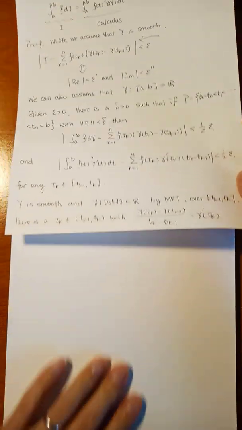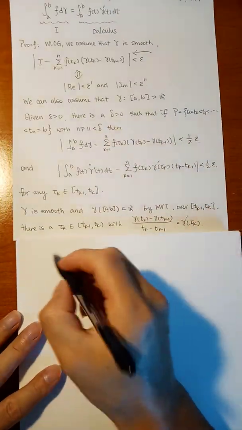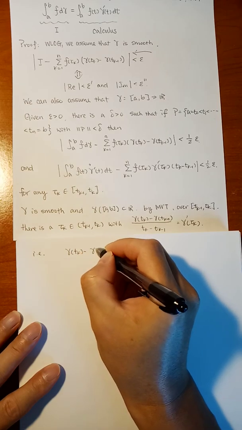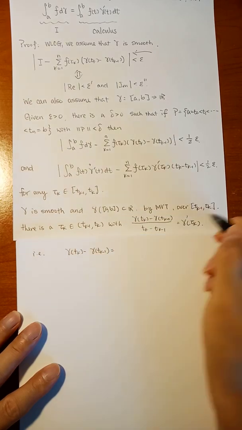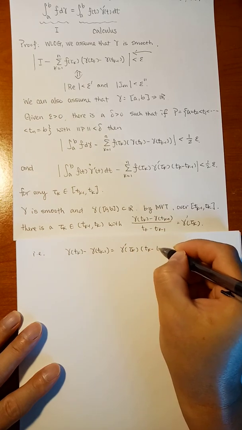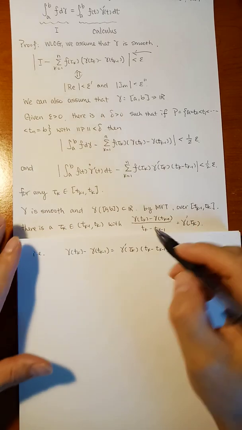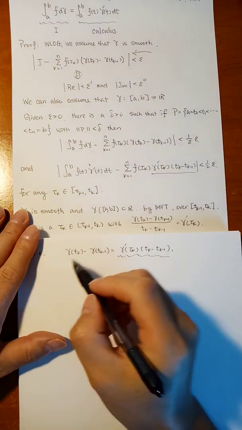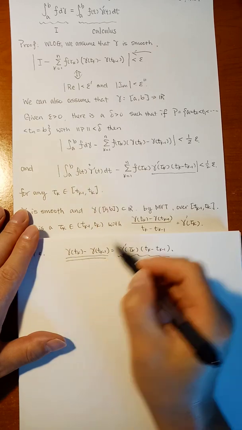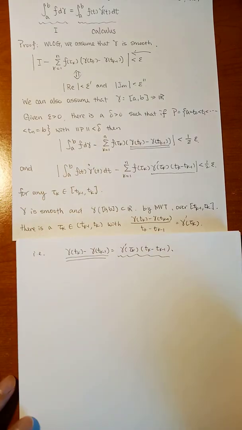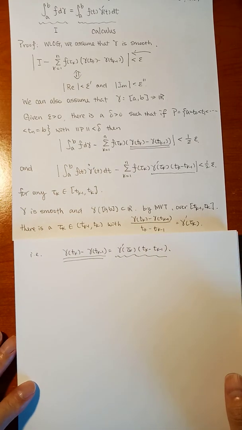So if we move this denominator to the other side, we have gamma(t_k) minus gamma(t_{k-1}) is equal to gamma prime of tau_k times (t_k minus t_{k-1}). So you see, this is exactly here, and this left hand side is this difference.